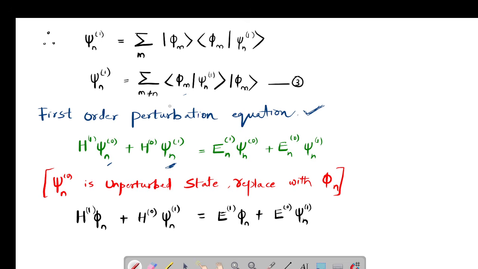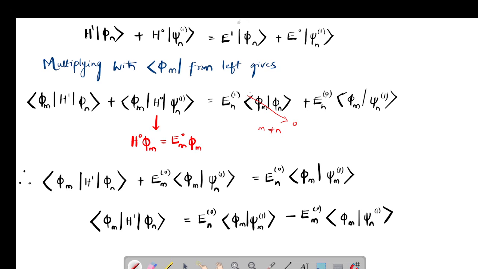Again we can write this equation in terms of kets: h power 1 ket phi n plus h naught ket phi n power 1 equals e power 1 ket phi n plus e power 0 ket psi n power 1.